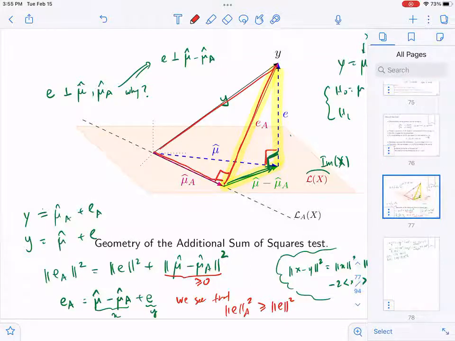Why? Yeah, because you're projecting y onto the image. Whenever you project, the error would be orthogonal to the projection. So this is the error of that projection, which is orthogonal to this guy.